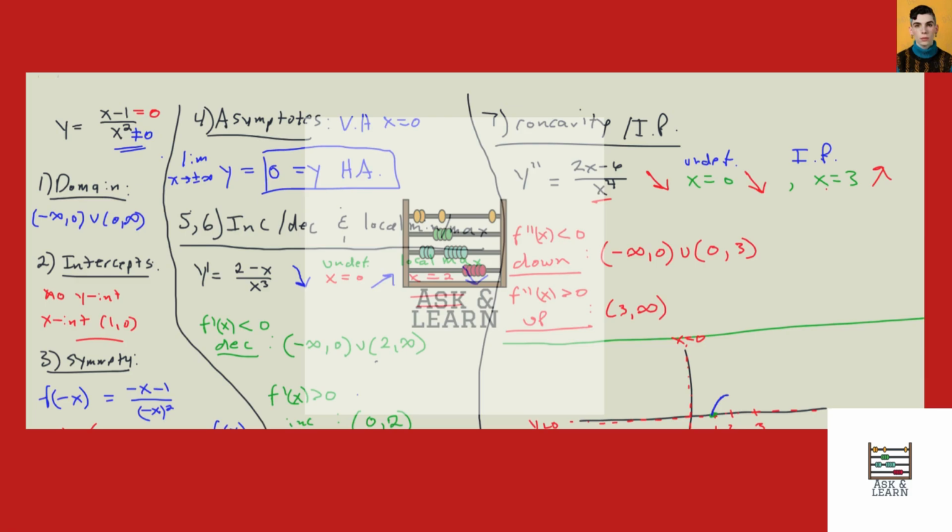And then it says we start decreasing after that. So we keep on decreasing like this. And then we have this point of inflection at 3. So around here is going to start to change concavity. It looks like from 3 onward, it is concave up, and before that it's concave down.